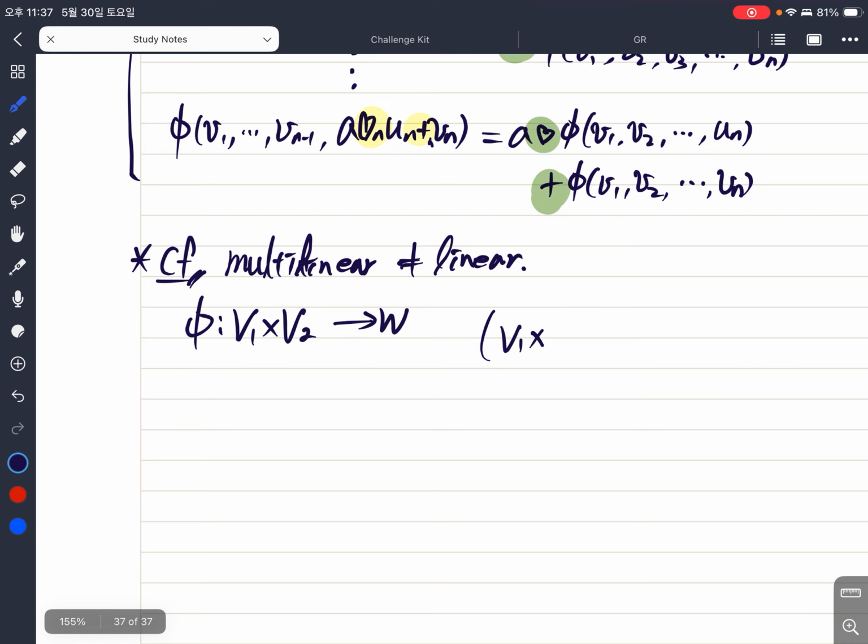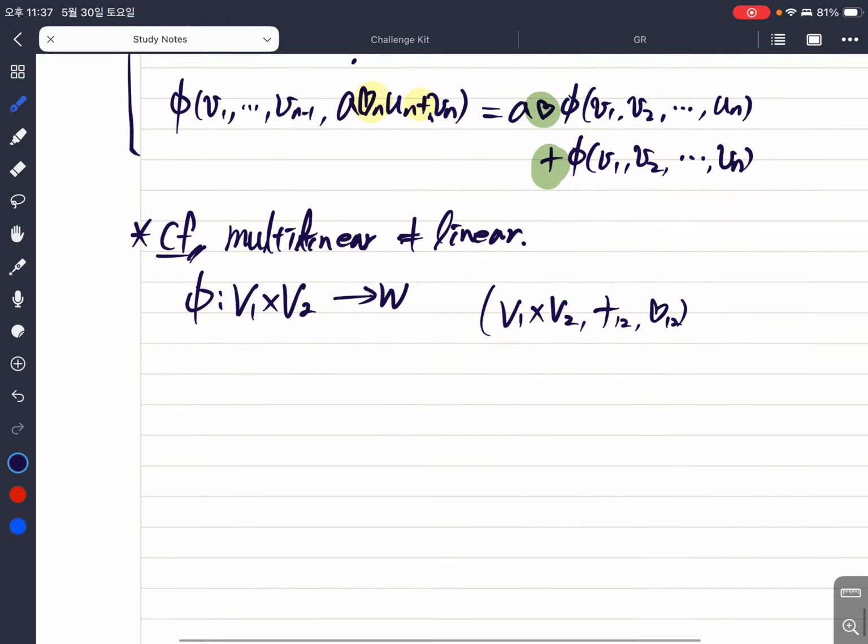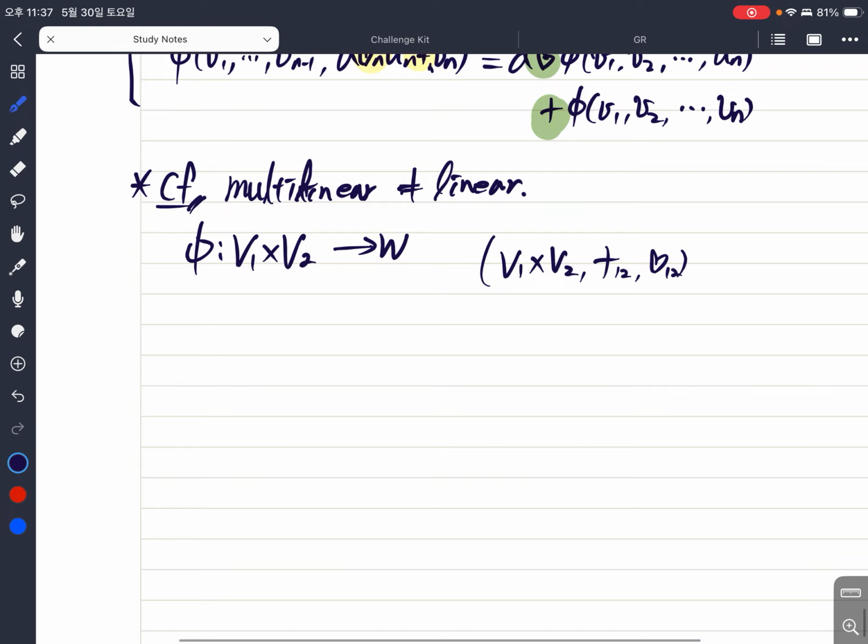Then we have V1 times V2 with plus and heart, let us write just 1, 2. If you remember heart 1, 2, what is it?